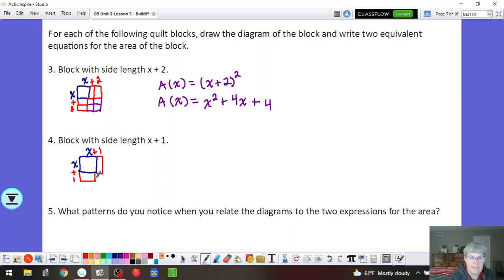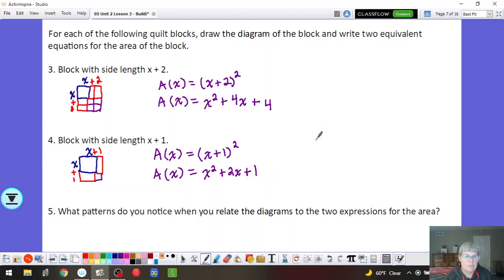So to complete that square, we have to fill in the lower right corner, and we only have 1 unit square for this one. So our area in terms of side length is x plus 1 squared. Our area in terms of each of the different shapes within here is x squared plus 2x plus 1.